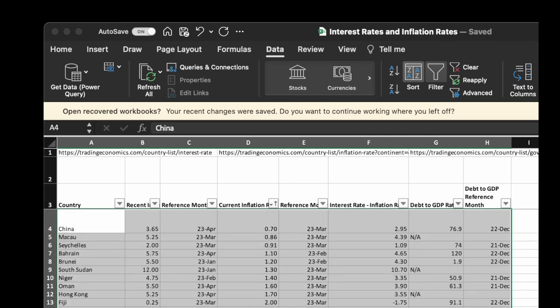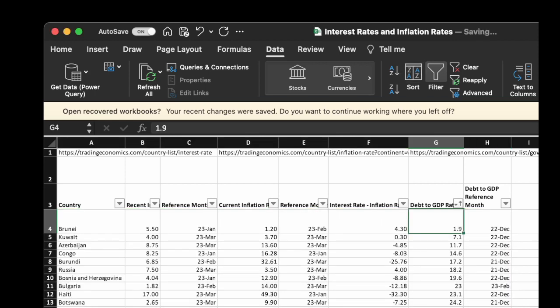Alright, so Brunei, debt to GDP ratio, so good debt levels there. Kuwait at 7.1, Azerbaijan at 11.7, the Congo at 14.6, Burundi at 17.2.